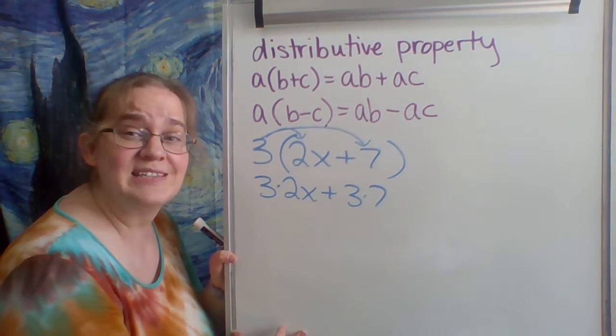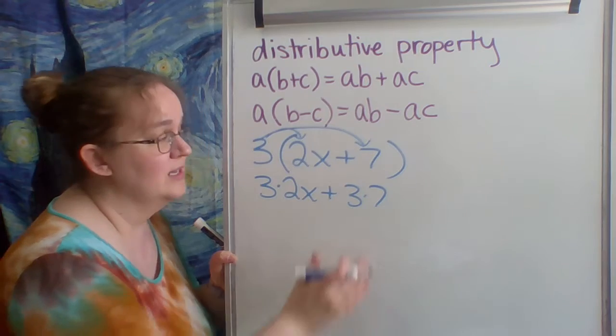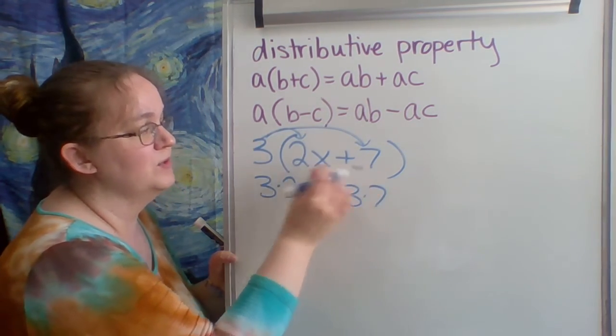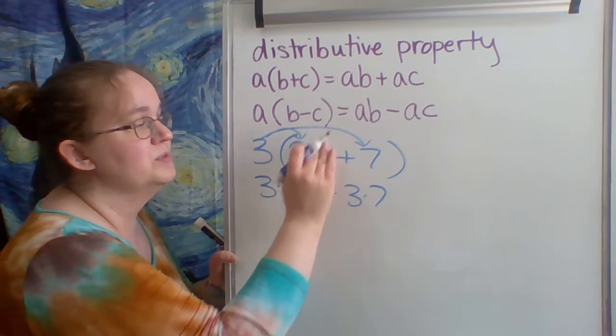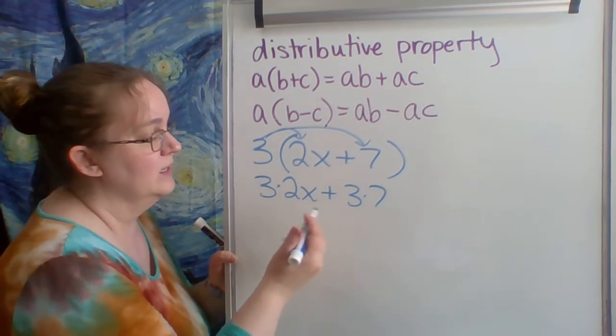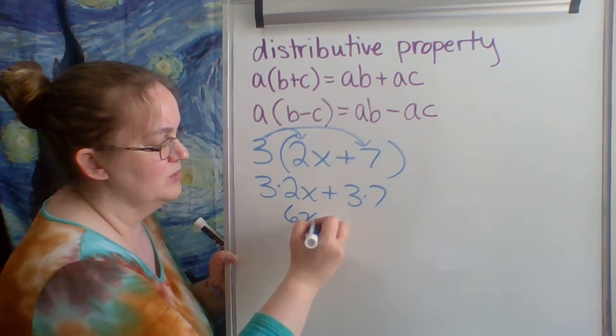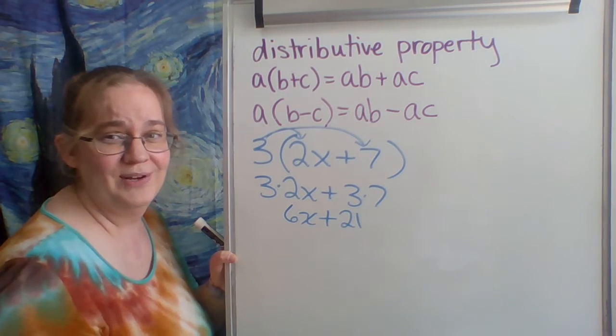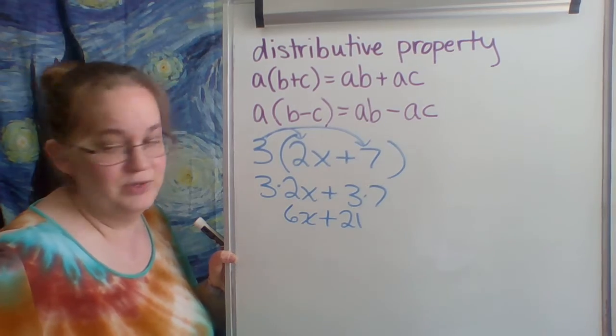It equals the same amount as the original one because I'm just distributing the 3. Instead of adding first and then multiplying, I'm multiplying both of them and then adding. And I'm allowed to do that. And so that simplifies to 6x plus 21. Okay? Let's take a look at one more example.